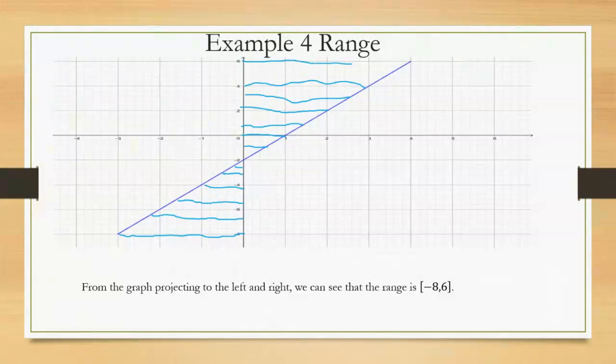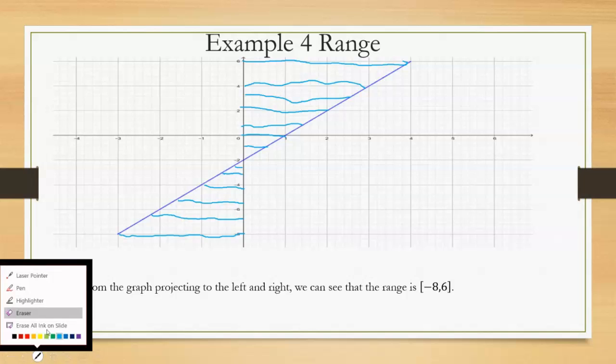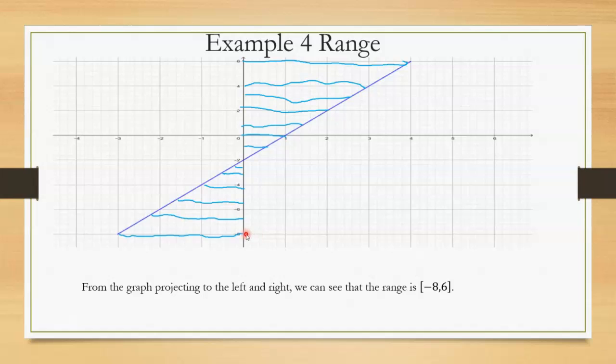It's a lot better. All right, anyway, hopefully you can see that everything from -8 all the way up to 6 on the y-axis is either to the right of the graph or to the left of the graph.